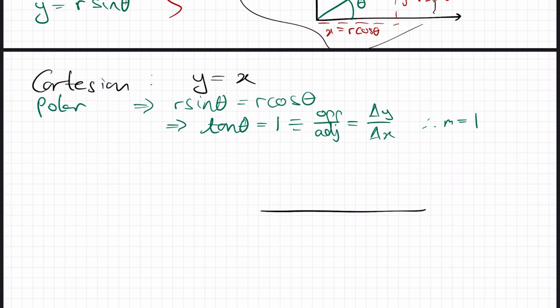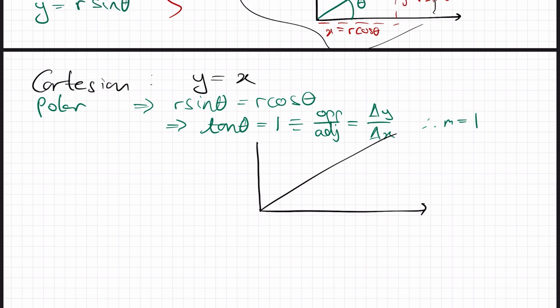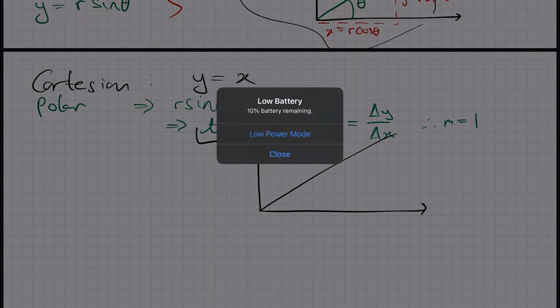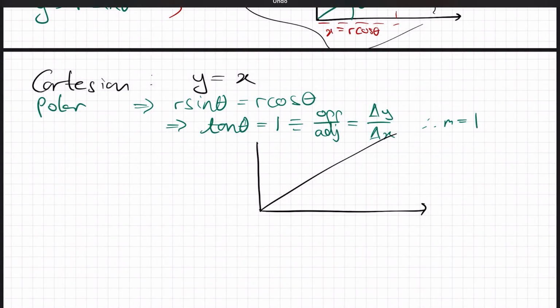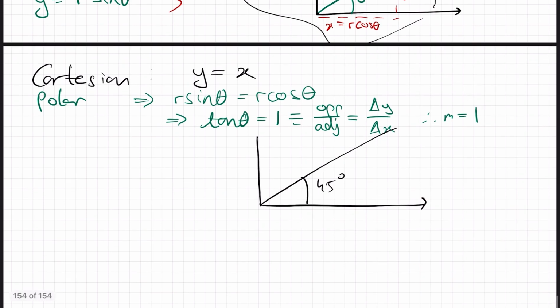On a polar graph, it's literally going to look like this: a line with gradient 1, only in the positive direction, because beneath this it's a different angle. That's why r has no bearing here; the only thing that matters is that this angle is arctan of 1, or 45 degrees. So there's our example converting Cartesian into polar.